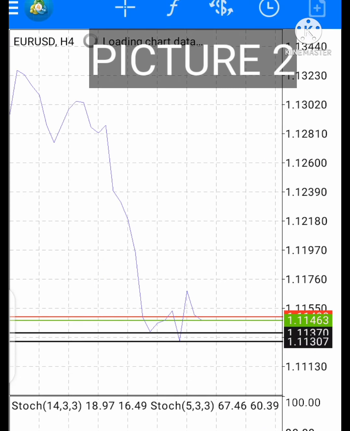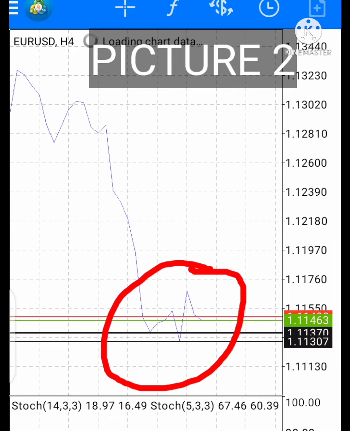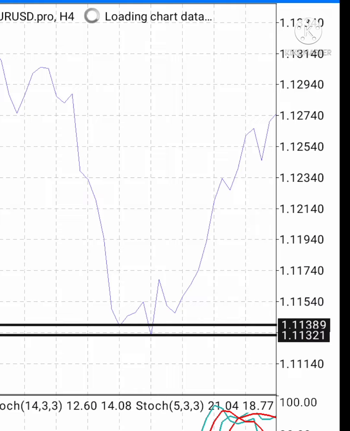Now the second picture is in the line chart form, but you can see it was in a downtrend, but below it forms a head and shoulder and pushes up. This happened last month in the 4 hours of Euro USD.